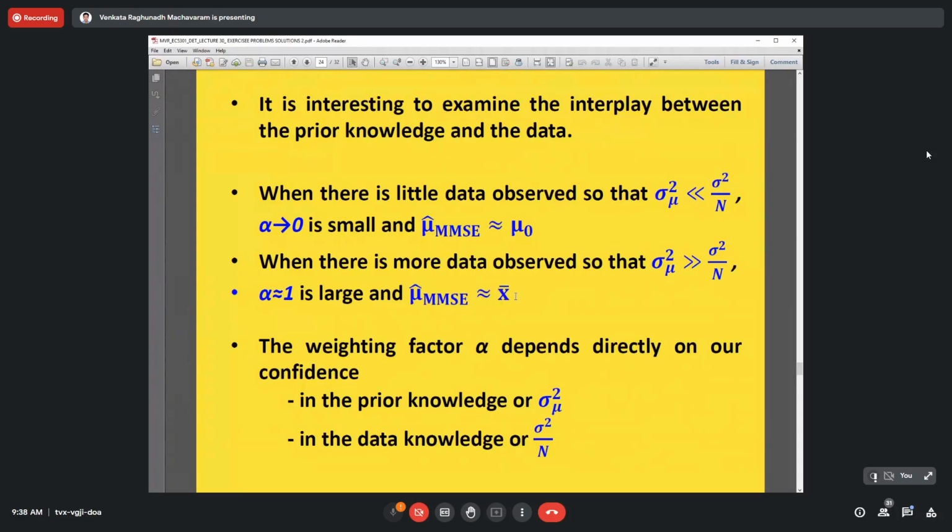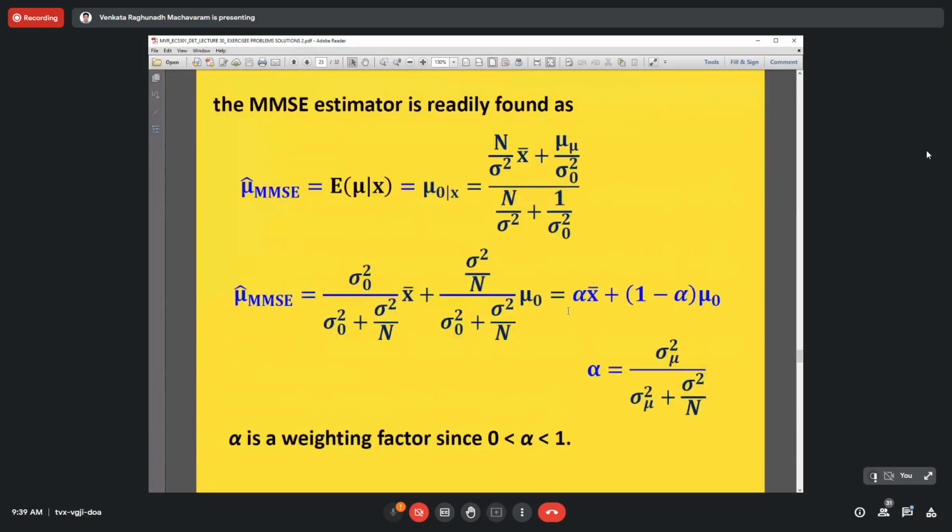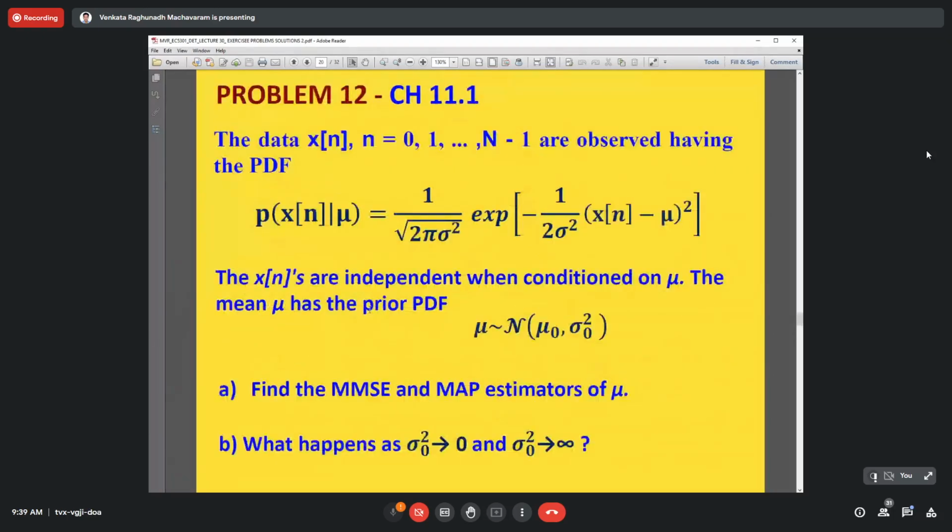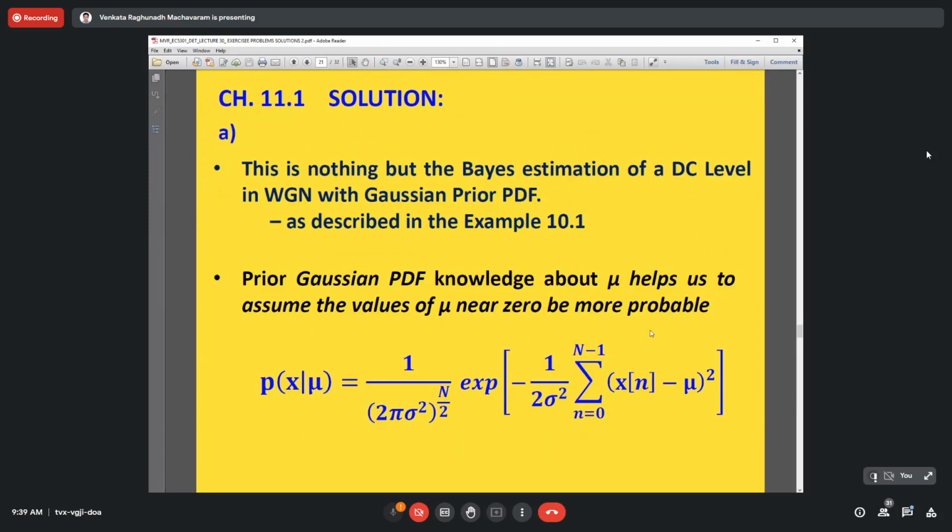So the minimum mean square estimator simply becomes the average of all the known quantities. In the problem, the xn's are independent conditioned on mu, where mu is the parameter to be estimated, with its own average value and variance.